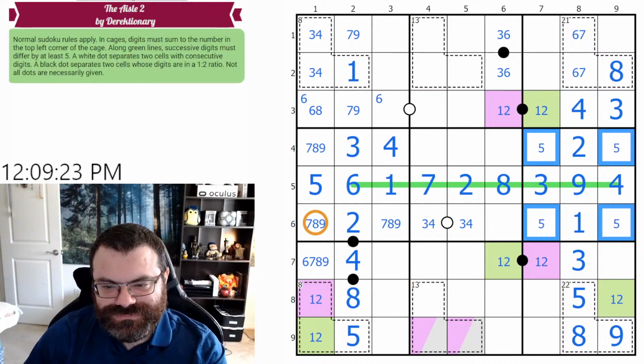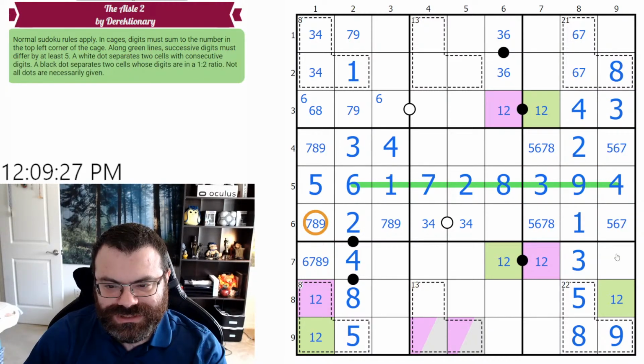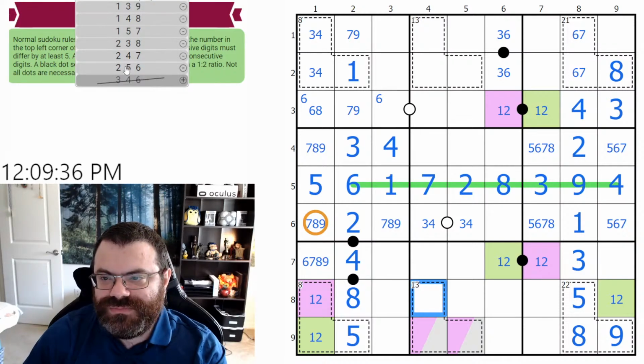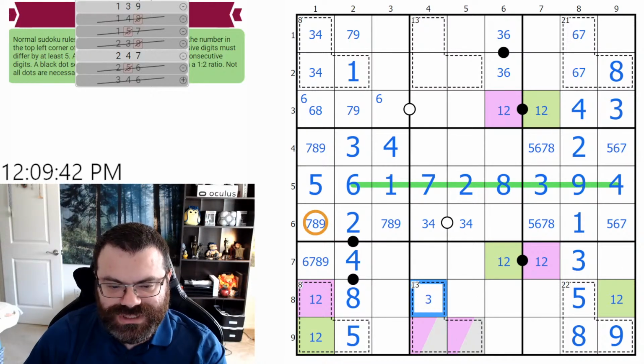Let's fill that. 5, 6, 7, 8. These can't be 8s. I see that 8. Oh, 5 and 8 are removed from the 13 cage. So it's 139 or 247. So this is 39 or 47, but it can't be a 7.